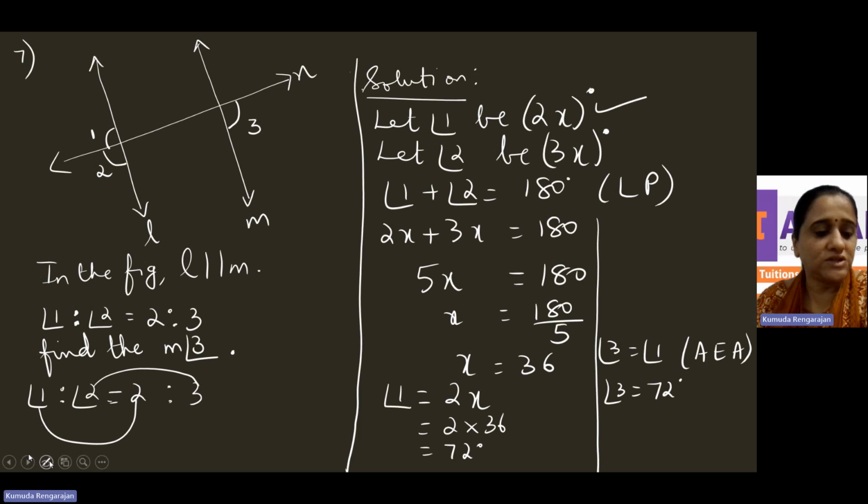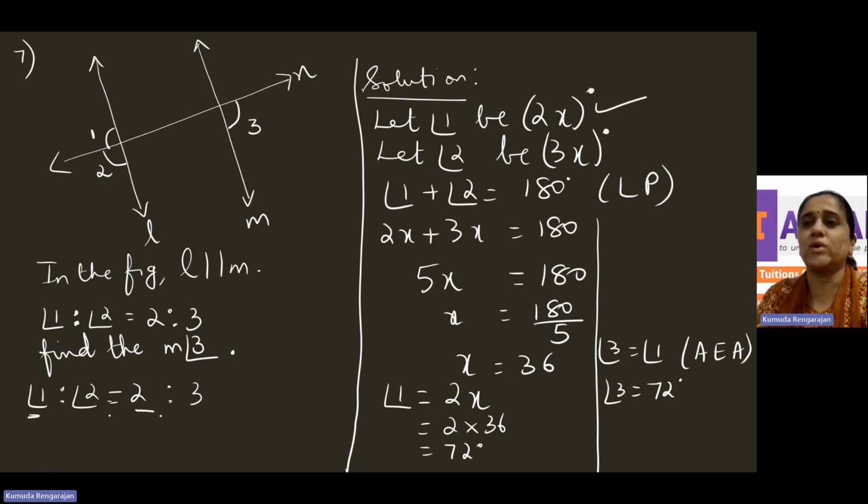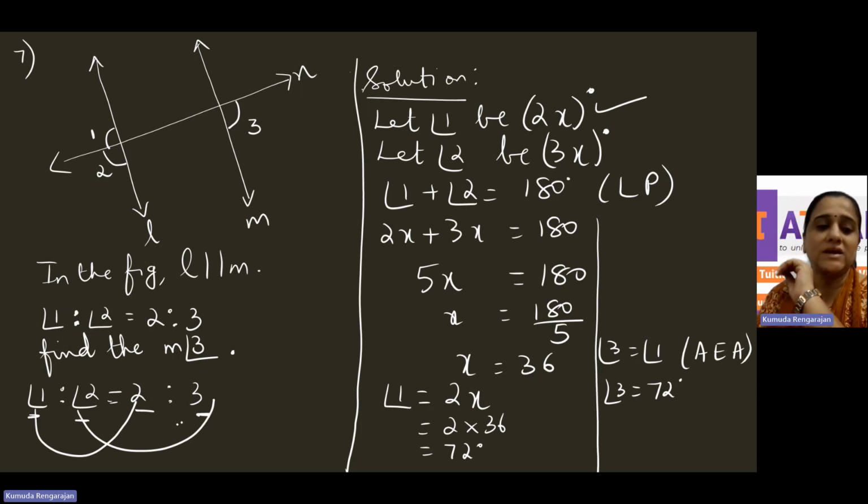In the same way here, when the ratio is given, which is the first angle mentioned? Angle 1. Which is the first number here? 2. So angle 1 is 2x. Which is the second angle here? Angle 2. And which is the second number here? 3. So 3x. So you must say angle 1 is 2x and angle 2 is 3x. And then what is the relation between 1 and 2? Linear pair. So 1 plus 2 is 180.